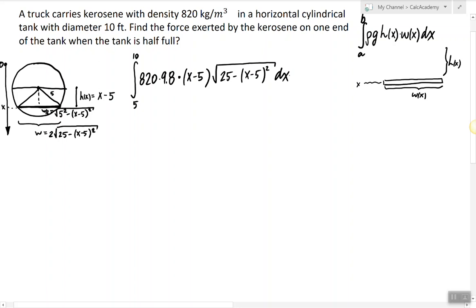And we're going to do this integral by substitution. We're going to let t be equal to x minus 5, then dt is exactly dx, and then we have the new limits of integration going from 0 to 5.